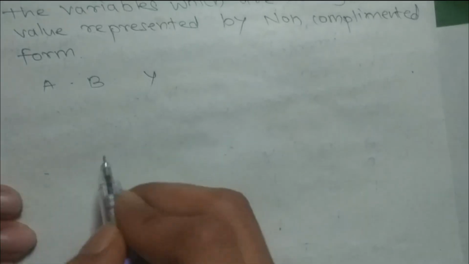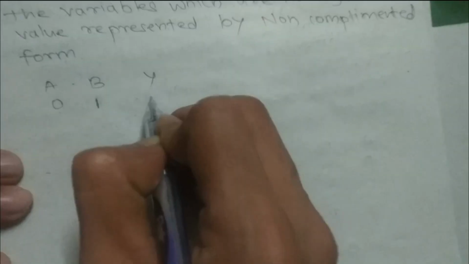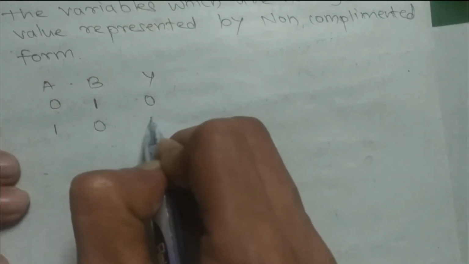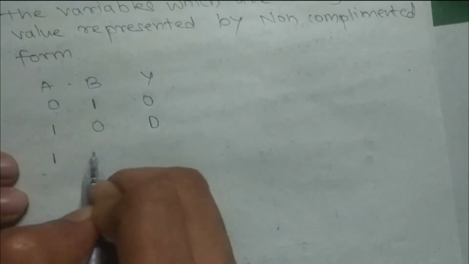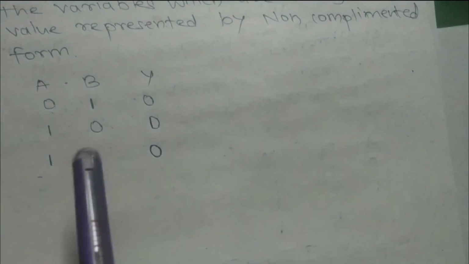Suppose for a equal to 0, b equal to 1 it is 0, for 1 0 it is 1, sorry, for a equal to 1, b equal to 1, it is again 0. So what is POS? POS stands for product of sum. That means we are going to do the product of the terms which are there in our sum expression. Okay, so see over here.